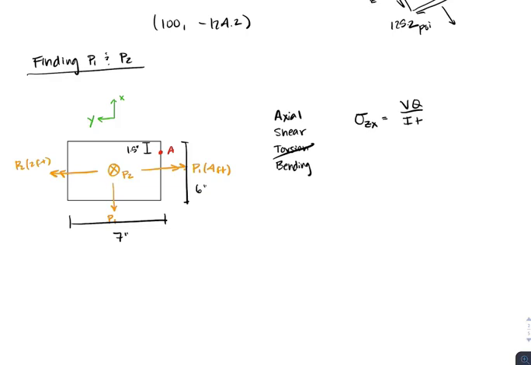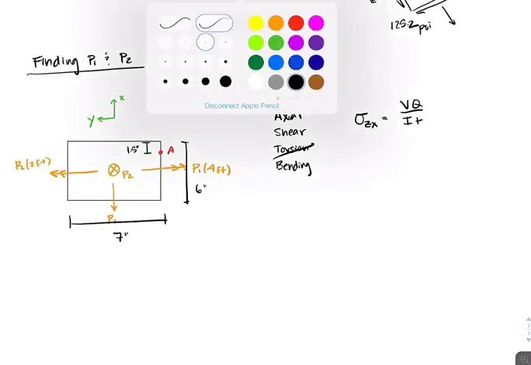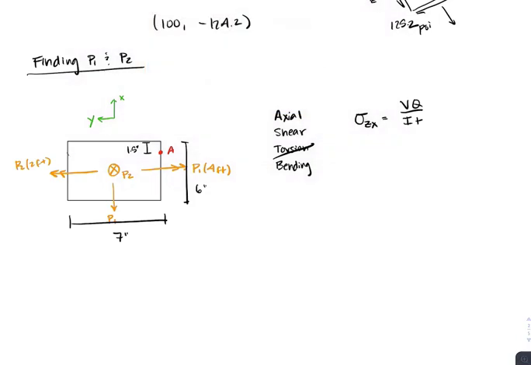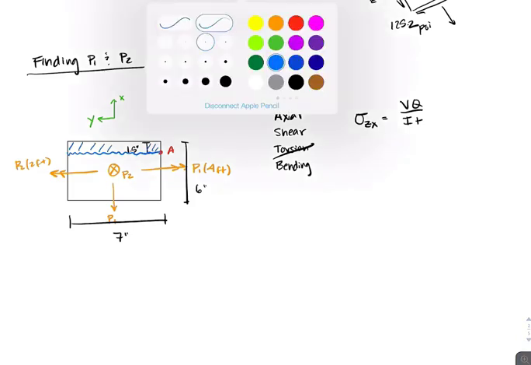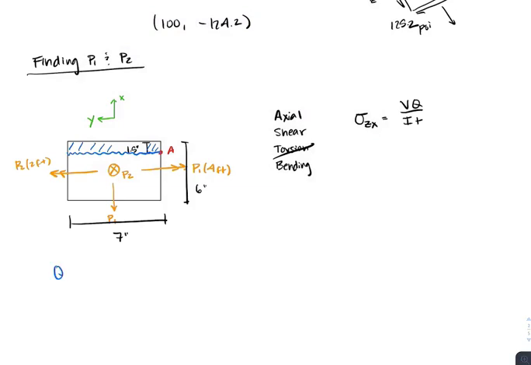We have our shear force, we know it's P1, we are just going to be solving for P1. Our Q in this case, we're interested in this area, the area that cuts through our point, times the distance from its centroid to the main centroid. So that leaves us with our Q is just going to be equal to a value of 1.5 inches times 7 inches.